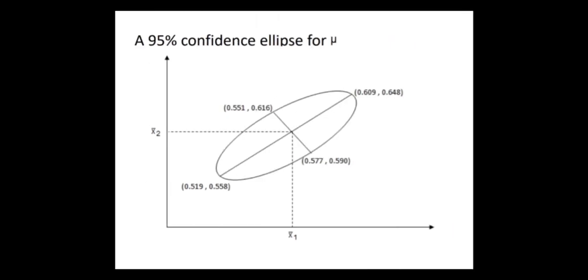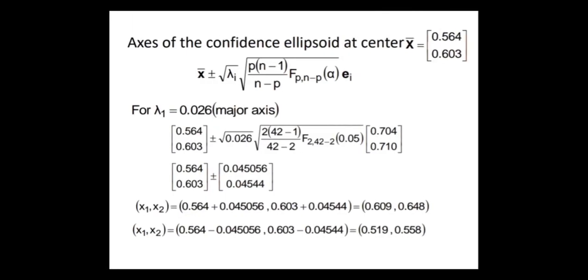So we start here, the center of the ellipsoid, which is the value of x bar 1 and x bar 2. Okay, so we want to see how to find the major axis given the eigenvalue is 0.026.